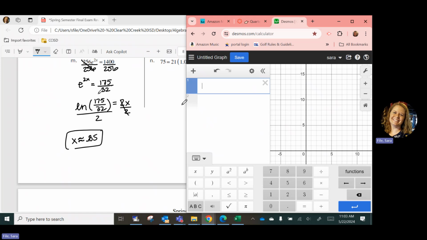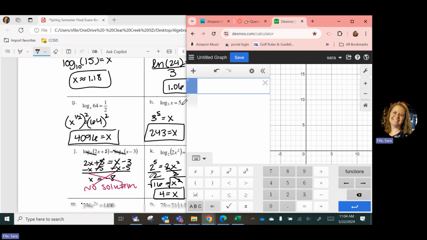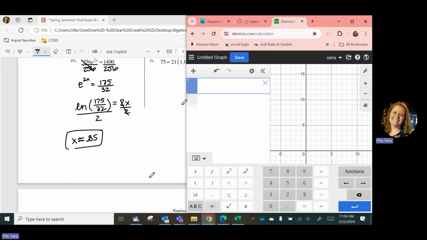If you don't understand the rewriting, and I've done all of these by rewriting, so if you watch this last video too and you're like, I'm not sure I'm going to remember that on the exam, remember how to plug it in and look at the graph and click on the x-intercept. This one was originally 256 e to the 2x. Now, it's not set equal to 0.